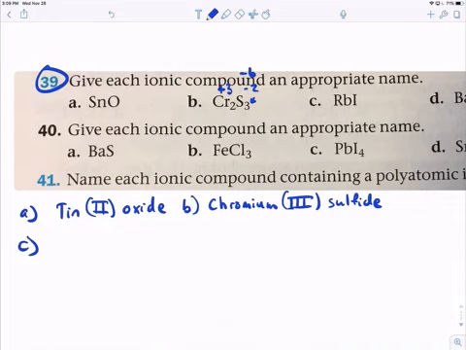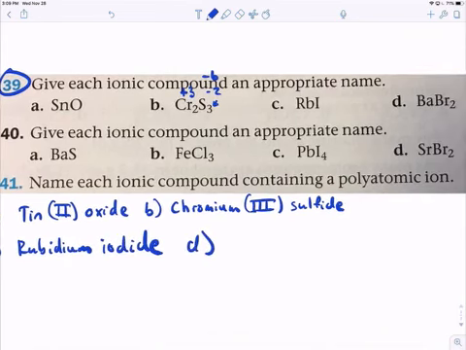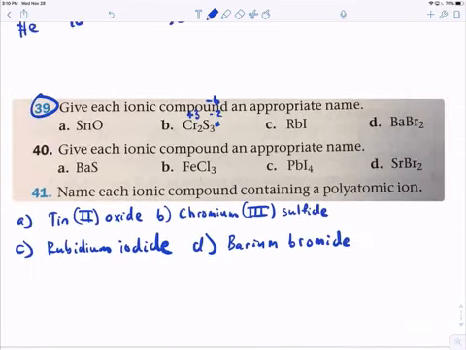You don't have to put the charge in there. So that's rubidium iodide. And D is the same thing with the alkaline earth: barium bromide, like so.